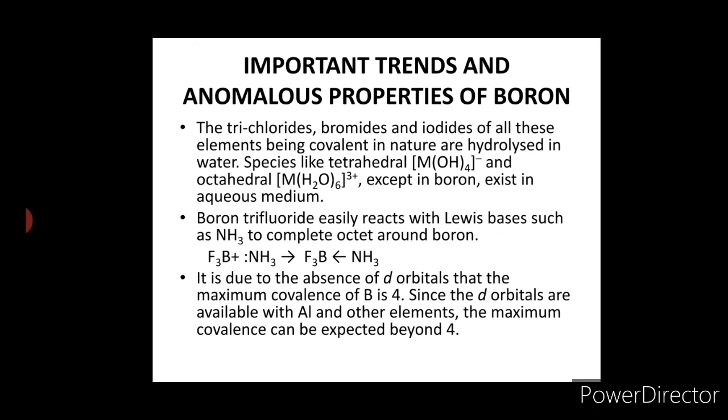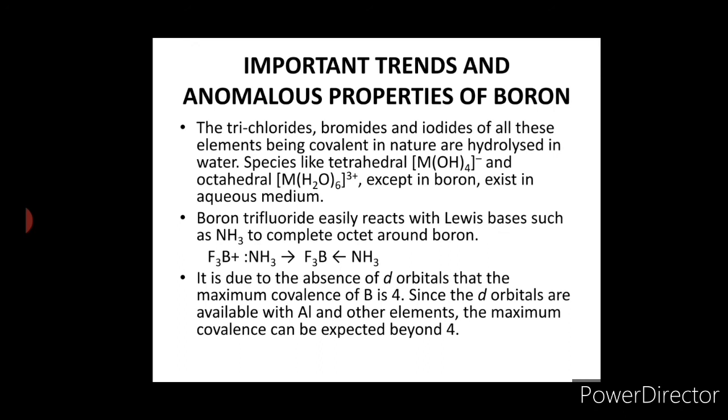Now, the maximum covalence of boron is 4, whereas other members of this family can expand their covalence beyond 4, and that is due to the availability of d orbitals in the rest of the members except boron.